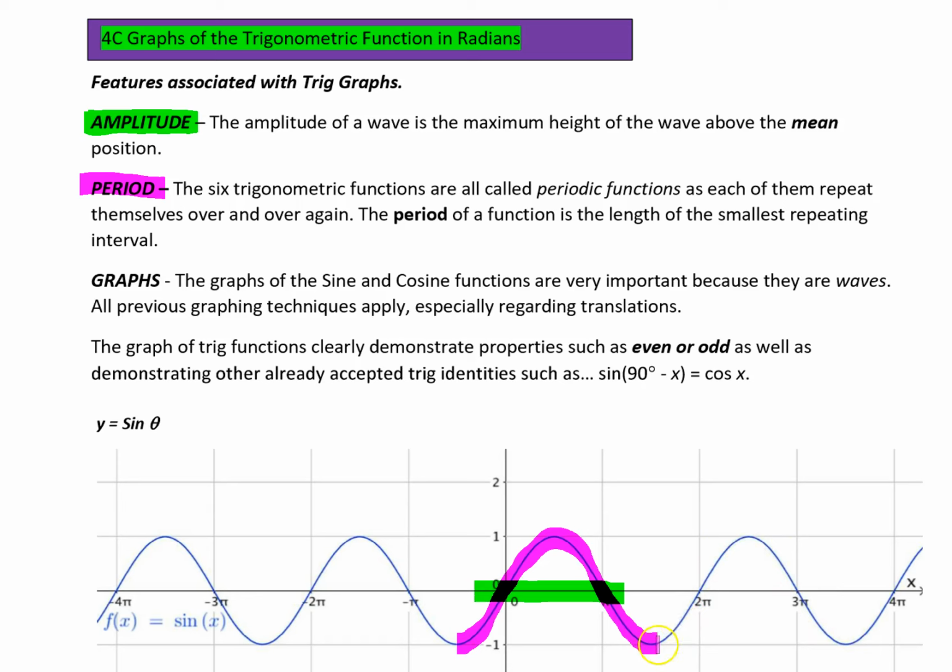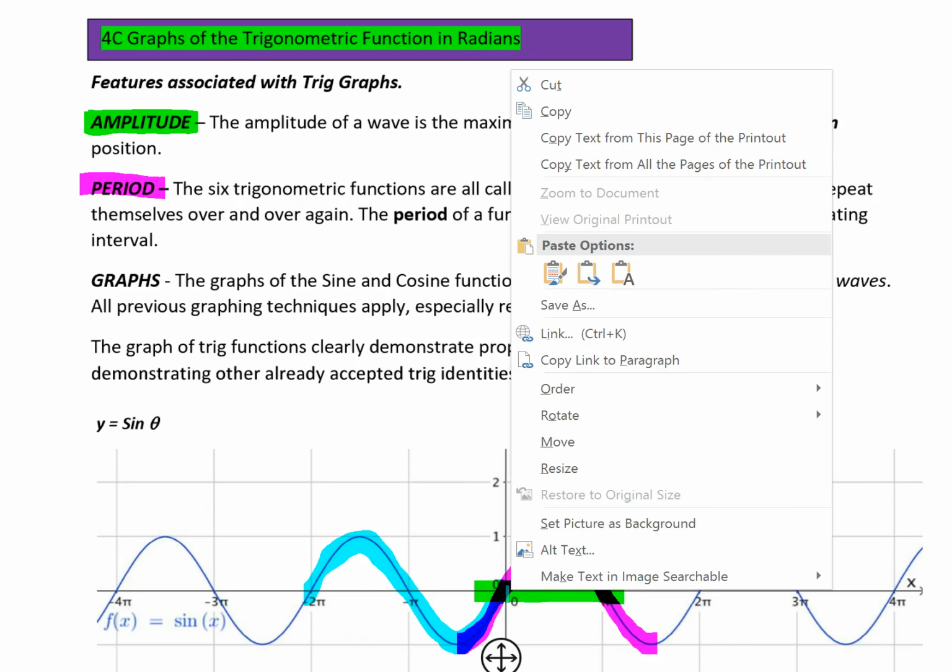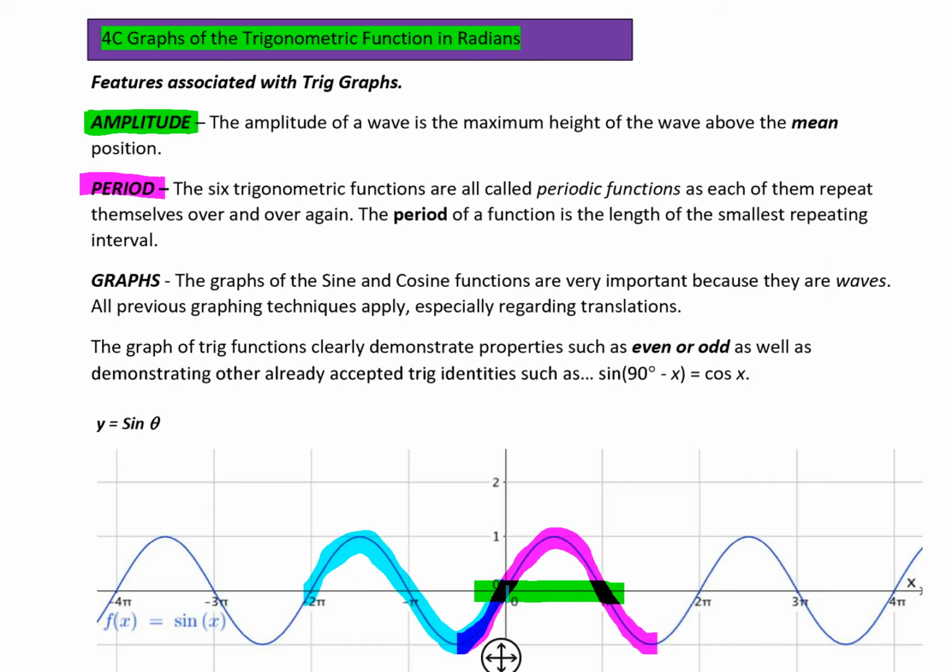Now, it's the distance over which it repeats itself, and actually it would have been much nicer if I'd started, for example, maybe here and went to here. You can see that that's starting at -2 pi, and when I get to 0 I have completed one period, is the correct term.